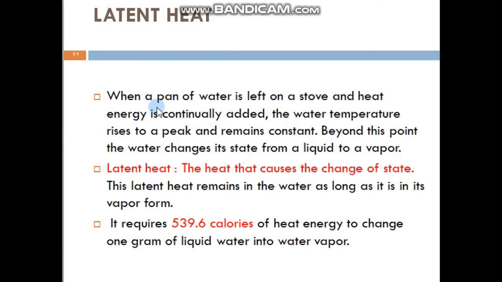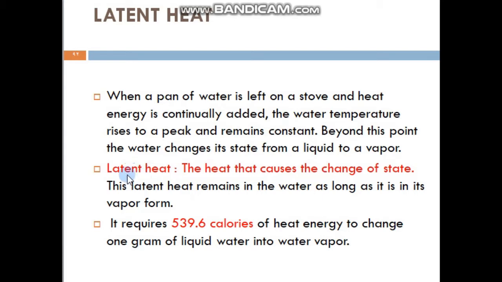How does that come about? When a pan of water is left on a stove and heat energy is continually added, the water temperature rises to a peak and remains constant. Beyond this point, the water changes its state from liquid to vapor. So when this heat changes the state of water from liquid to vapor, it's called latent heat.